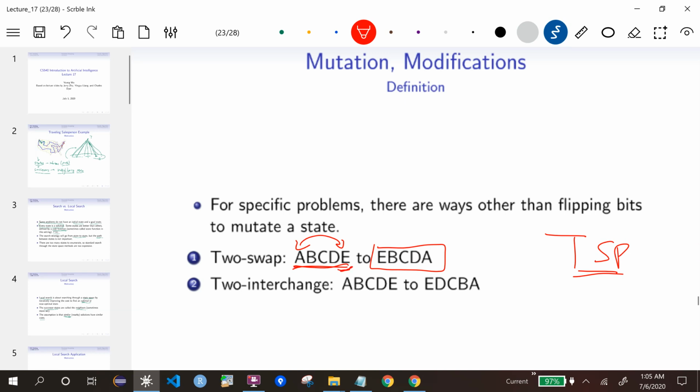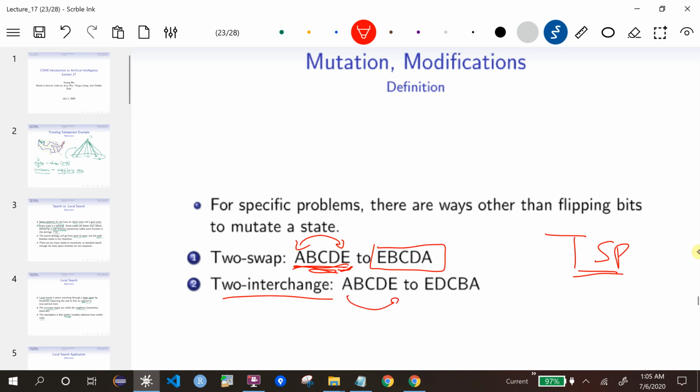But sometimes this is not ideal for this particular traveling salesperson example. Because if we just swap two of them in the middle, we're not changing the order. So we're not going the other direction. We'll just suddenly go to E and then go to B again and then BCD again. So it's kind of confusing why we want to do this. So for the traveling salesperson example, we usually do something called two exchange.